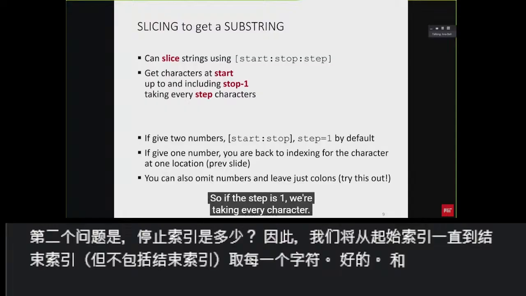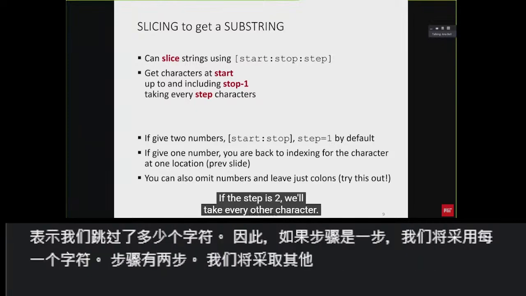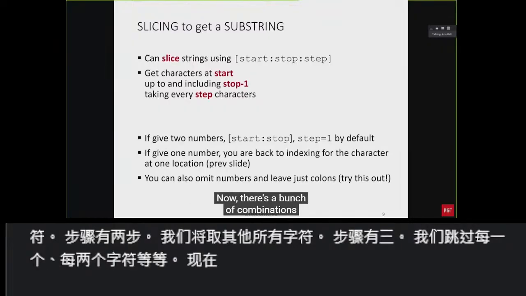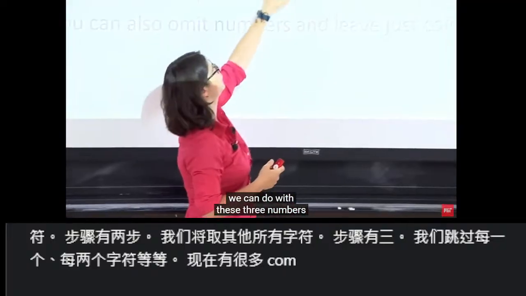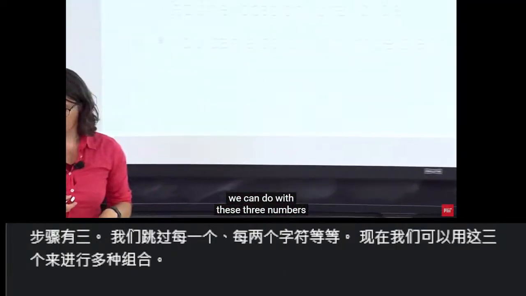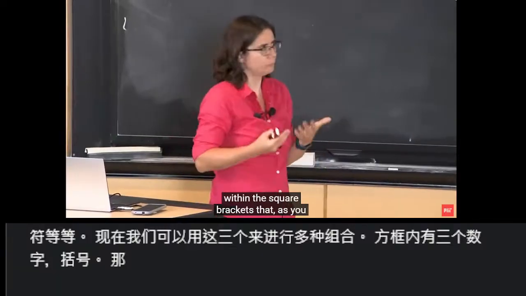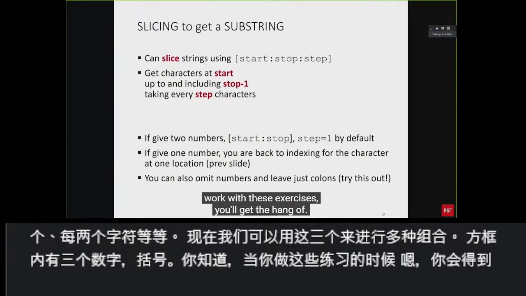So if the step is 1, we're taking every character. If the step is 2, we'll take every other character. If the step is 3, we skip every 2 characters, and so on. Now, there's a bunch of combinations we can do with these three numbers within the square brackets that, as you work with these exercises, you'll get the hang of.